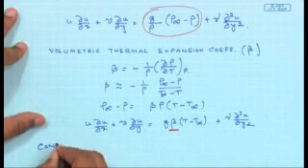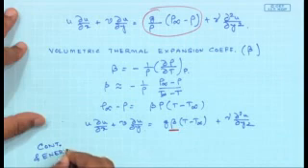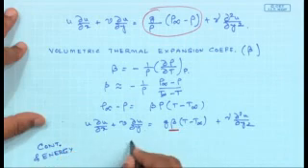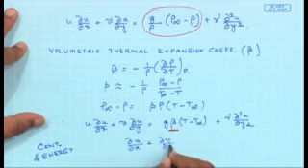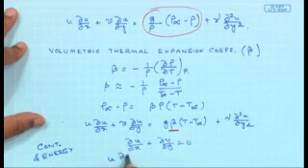And the equation of continuity and energy are the two remaining equations, which can be written as ∂u/∂x + ∂v/∂y = 0, which is the equation of continuity, and the equation of motion is this.